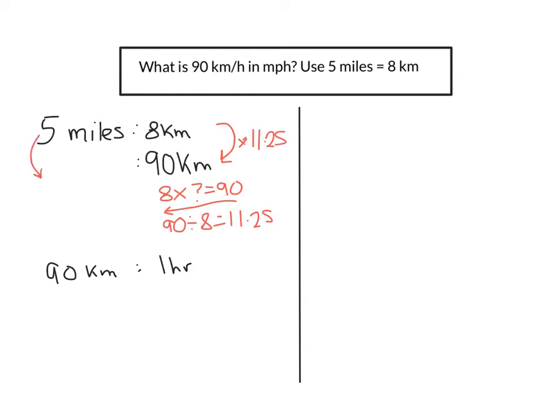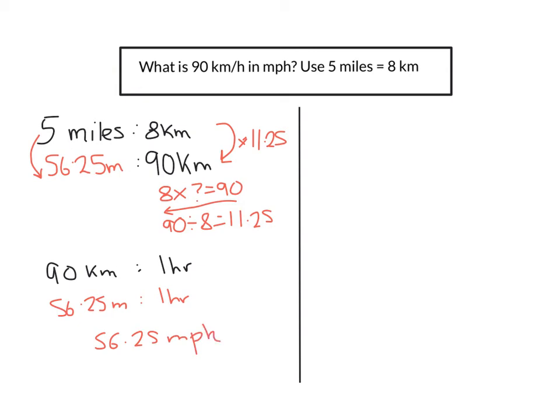So 5 times 11.25 is 56.25 miles. So that's going to be 56.25 miles for every 1 hour. So that's 56.25 miles per hour.